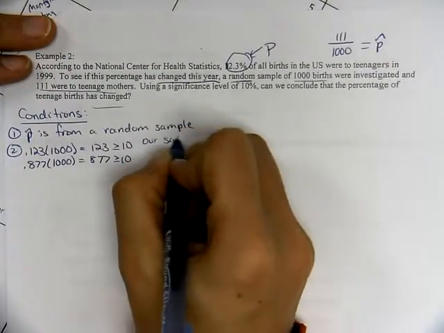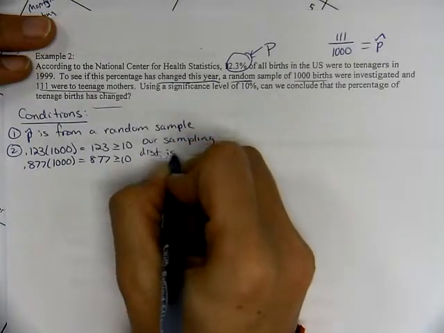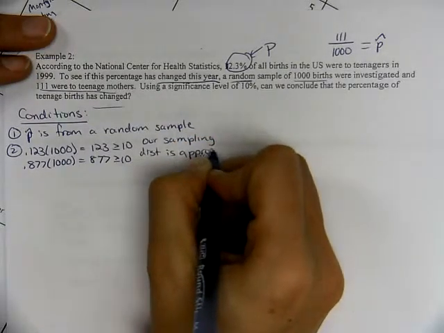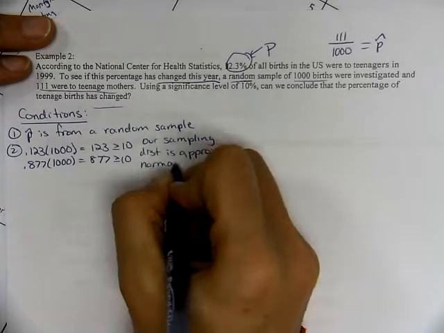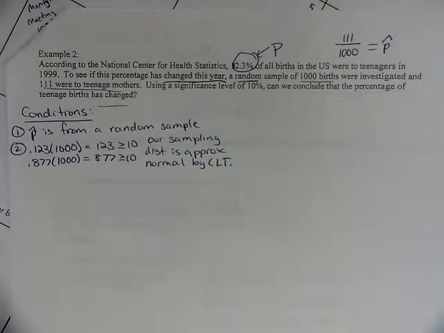So our sampling distribution is approximately normal by the central limit theorem. Again, if that didn't work out, proceed with caution. Keep going.